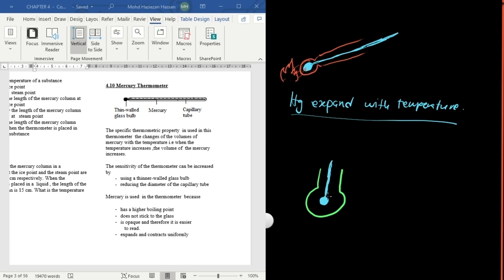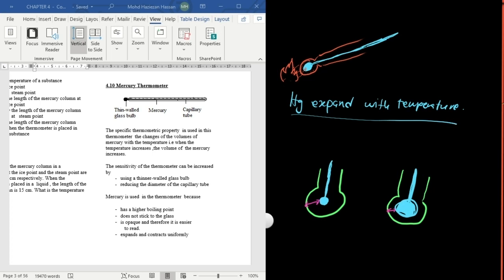For another thermometer, this time the wall of the bulb is thinner compared to the previous one. Here is the capillary tube. You can see here, this is the thick bulb, and this is another thermometer with a thinner bulb.